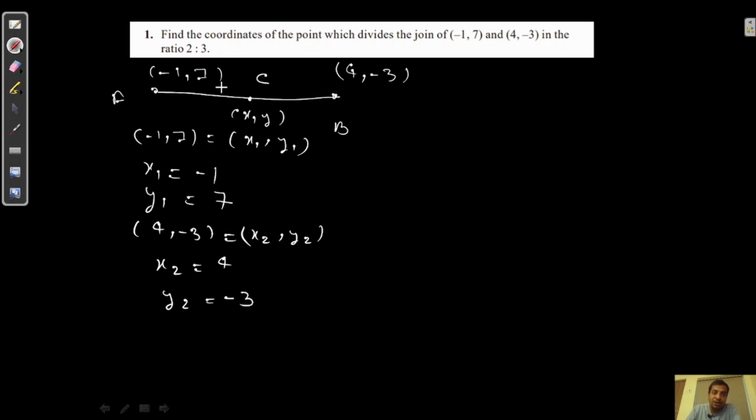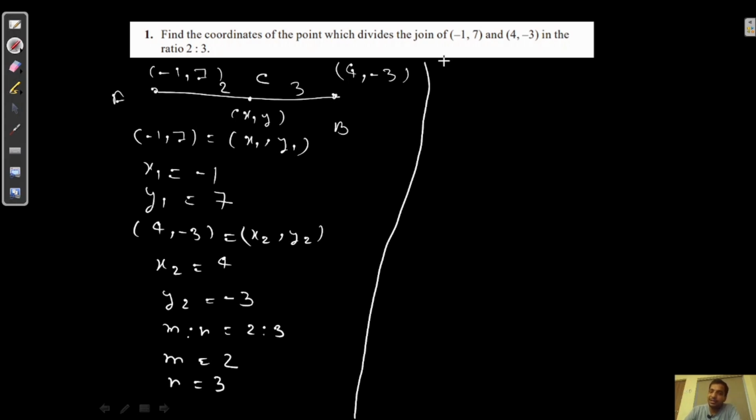So the ratio we are always taking is m is to n. Let us say m ratio n is 2:3. So what is the value of m? It is 2, and what is the value of n? It is 3. Okay. Don't mind my writing, please ignore my handwriting, I am not habitual of writing here.